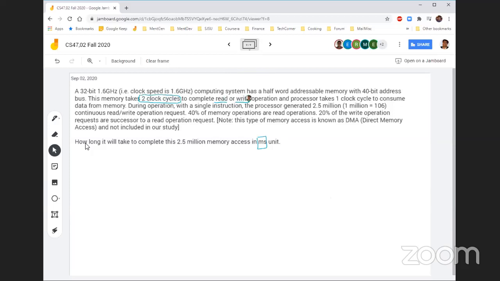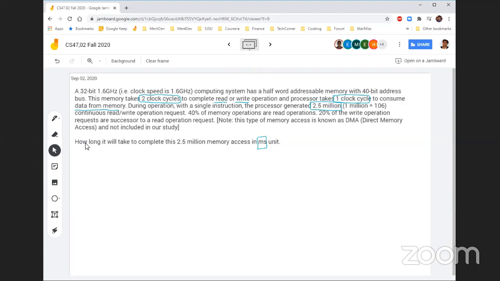Also, the processor takes 1 clock cycle, and this takes 1 more clock cycle to consume data from the memory. During this operation, the processor is generating 2.5 million continuous read and write operation requests.